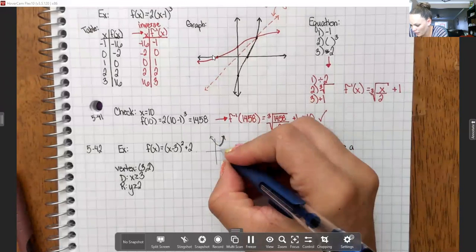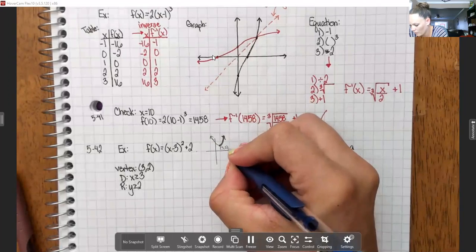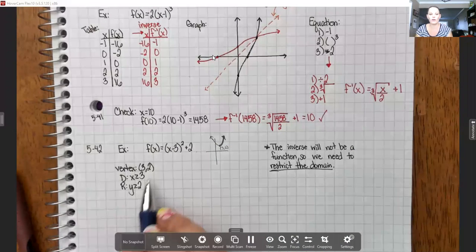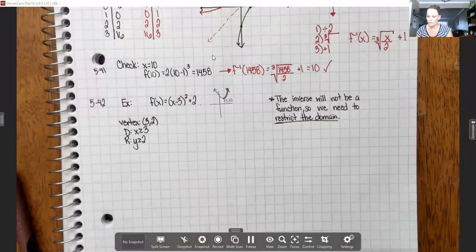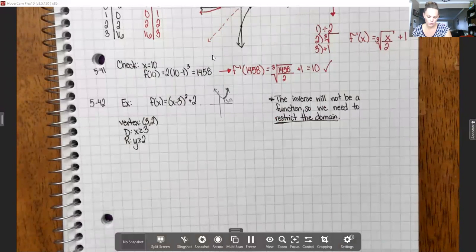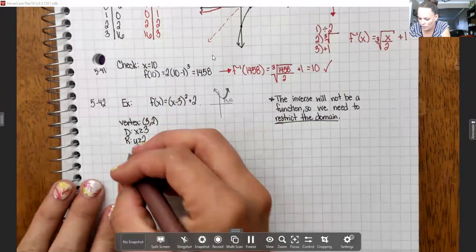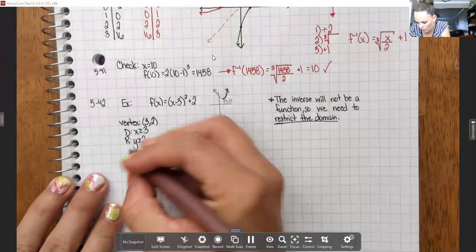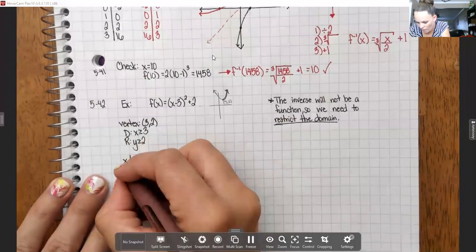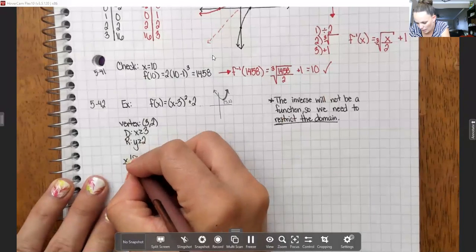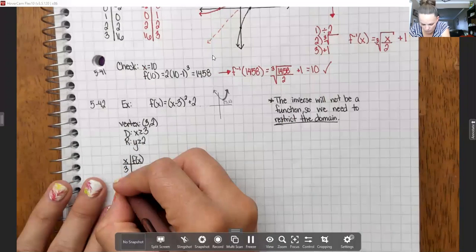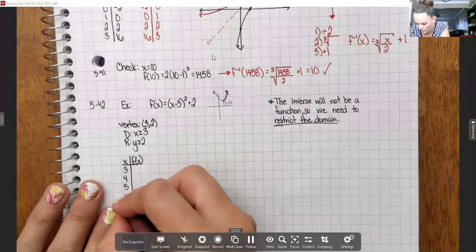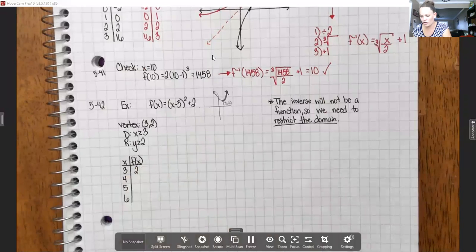Since this point is 3, 2, we're just going to look when x is greater than or equal to 3. So 3, 4, 5, 6. At 3, we know we get 2.